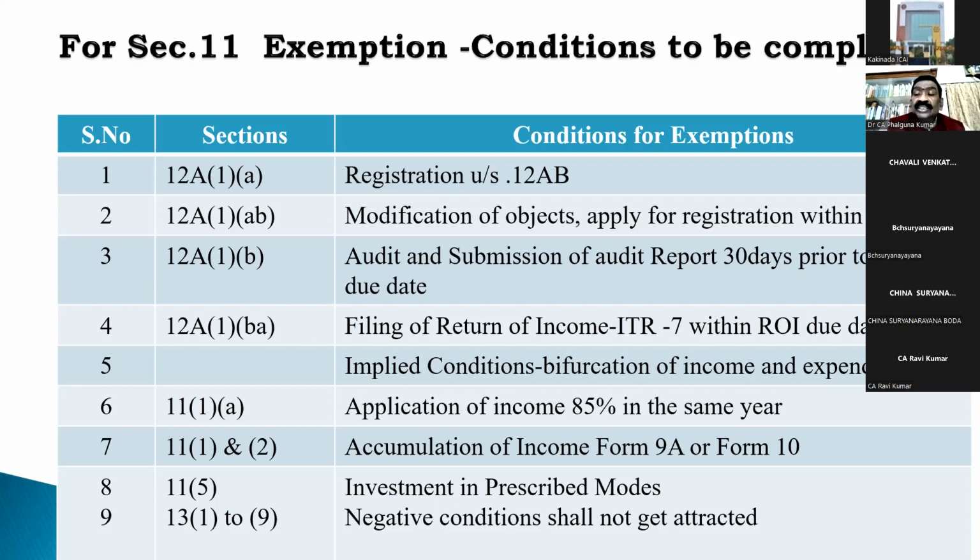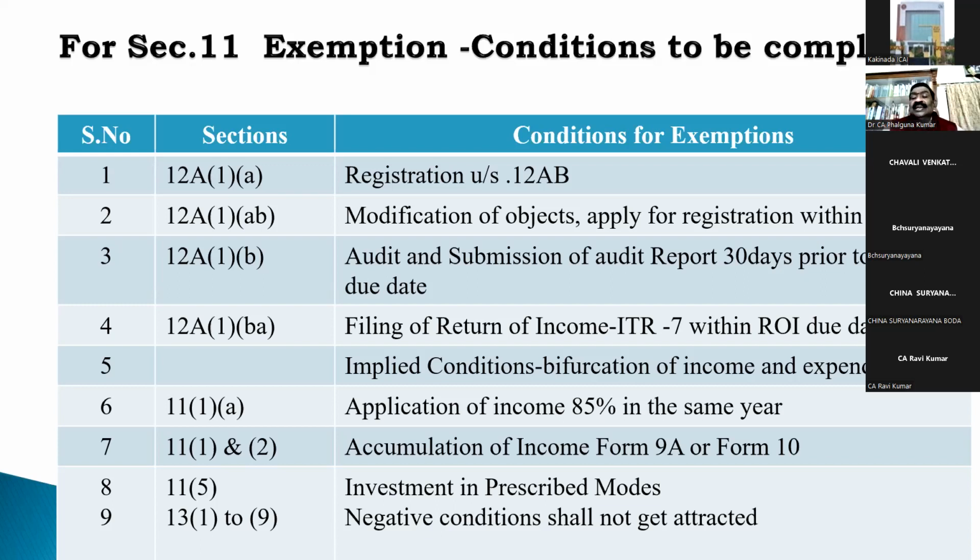So these conditions, 13(1)d, whether it is within the 15% surplus income, or the accumulation under Form 10 income, or any income, or even, for that matter, donors giving in-kind donations of shares, must fall within section 11(5).